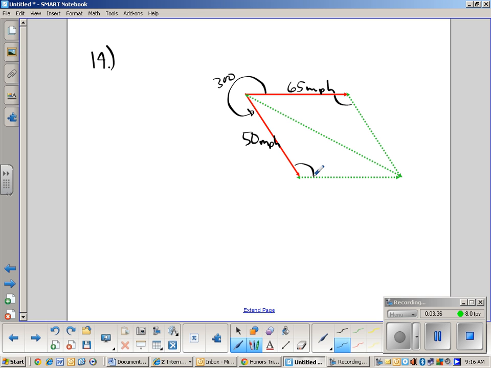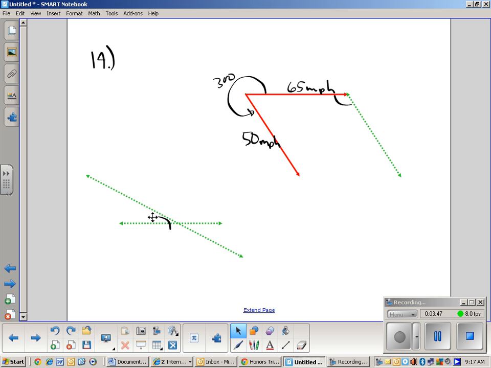But it's done a little more easily if we don't focus on those green dotted lines, so let me move them out of the way. If instead we focus on what are the components of each vector, okay?